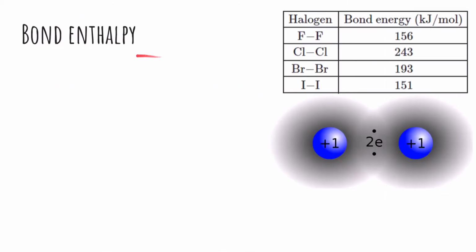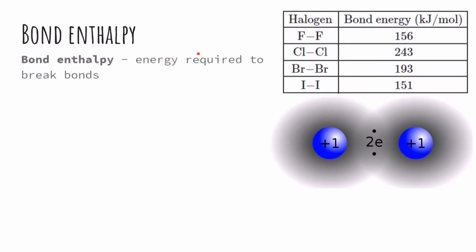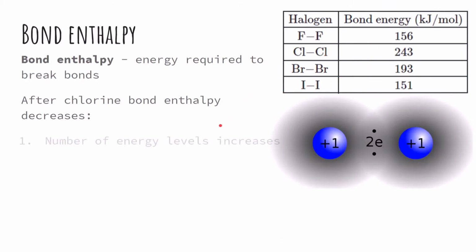Next is bond enthalpy. Now, bond enthalpy is the energy required to break bonds, and it is measured in kilojoules per mole. And so after chlorine, bond enthalpy in group 7 decreases, as you can see here. And this is because the number of energy levels increases as you go down the group. And of course, this increases the atomic radii.